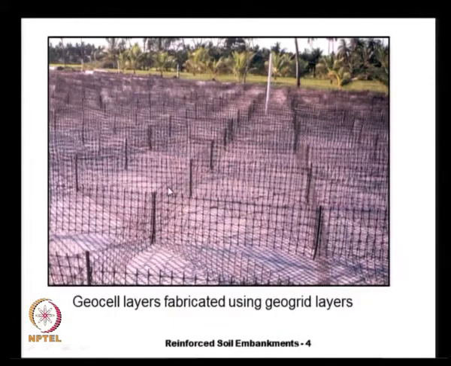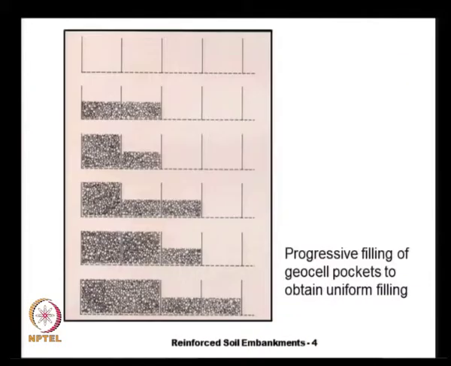And actually when we construct these geocells, they are all empty, and now we need to fill them with some aggregate or granular material, and we need to do that filling carefully, because otherwise if we fill it randomly, we may not get uniform consistency, or we may damage the geocell layer.